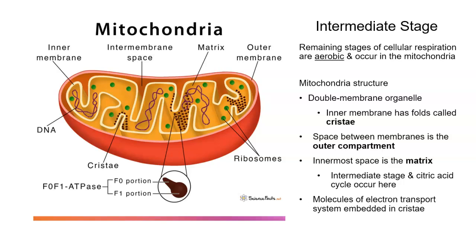The inner membrane has folds that are called cristae, and the space between the two membranes, what you see here, the yellow and the red, is the outer compartment. The inside part is called the matrix. So the intermediate stage, that transition and the Krebs cycle occur in the matrix. So the molecules of the electron transport system that we're going to see are embedded in the cristae.